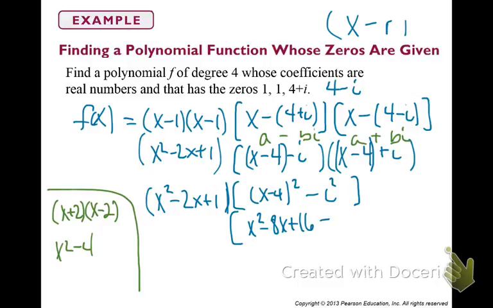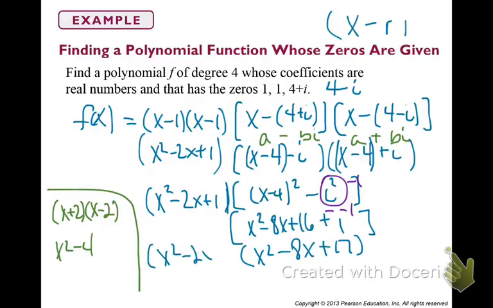Can we do anything with that i squared? We can replace that with negative 1. So minus a negative 1 is going to come back as plus 1. Can we do any simplifying? Yes, we have some like terms there. So that would give us x squared minus 8x plus 17. And then bring down your x squared minus your 2x plus 1.